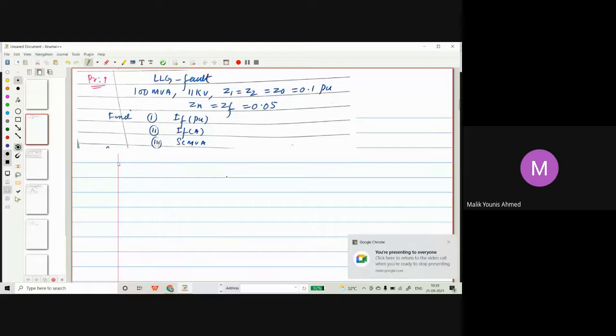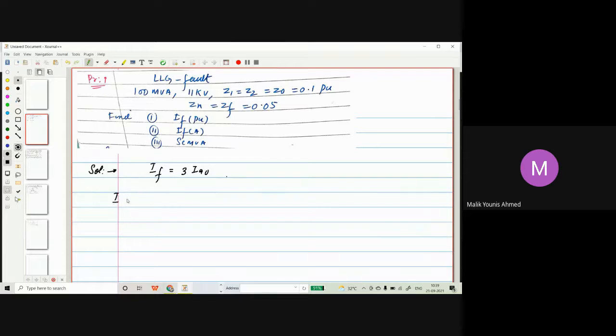So in case of double line to ground fault, please remember these derivations. IF is equal to 3 I naught.